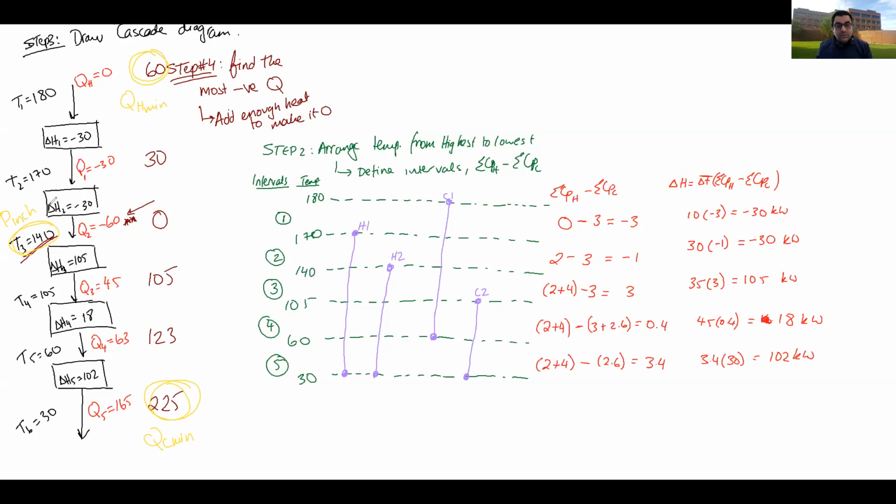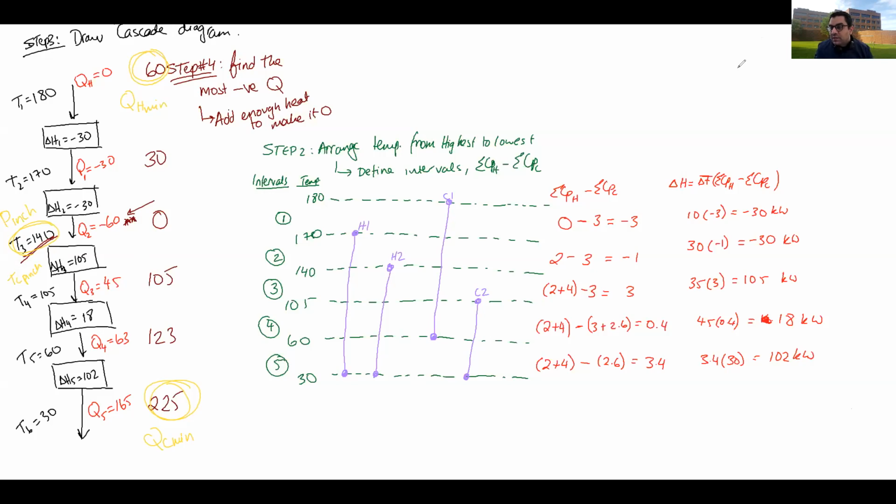Okay, so this is very important. So now I have my QH minimum, I have my QC minimum, and I have my pinch temperature. One thing to remember is that this is your cooled pinch, right? This is your cooled pinch.